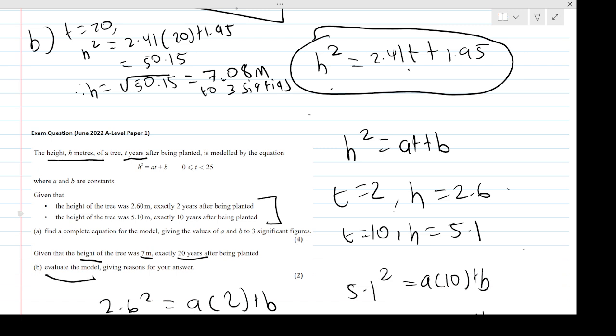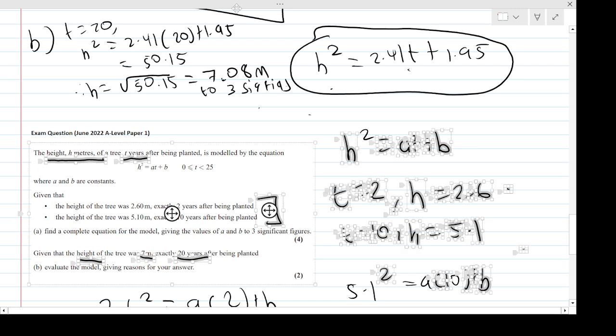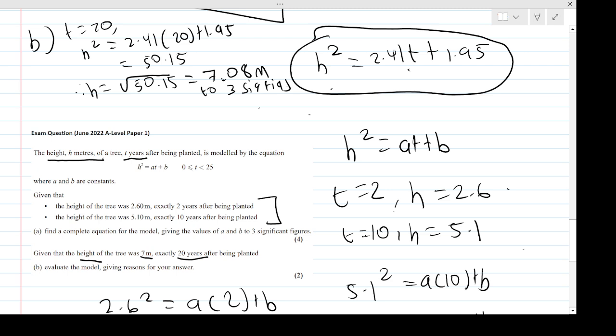So to evaluate the model, it means just how good or reliable it is given the information you have. Well, the information is it's 7. It's pretty close to 7.08. So I'm going to say 7.08 is very close to 7, right?